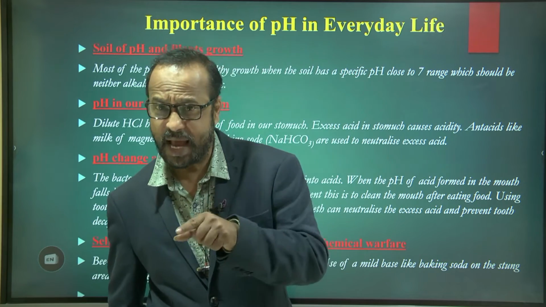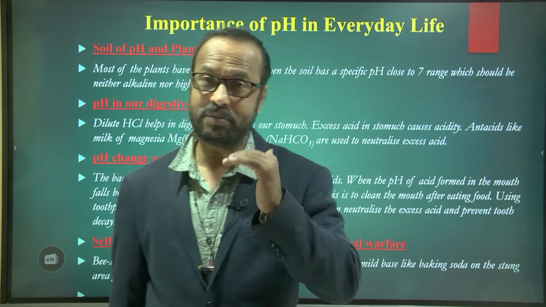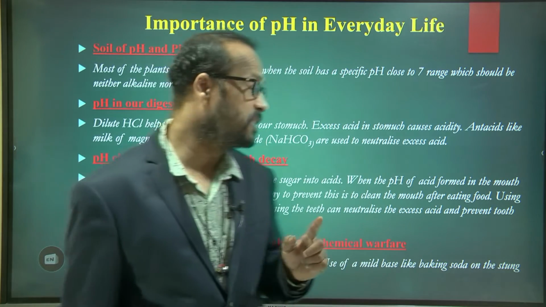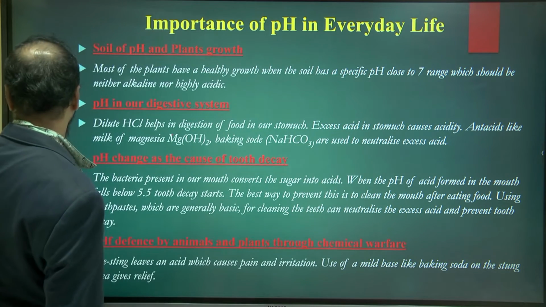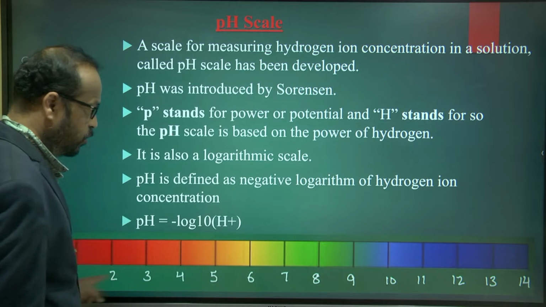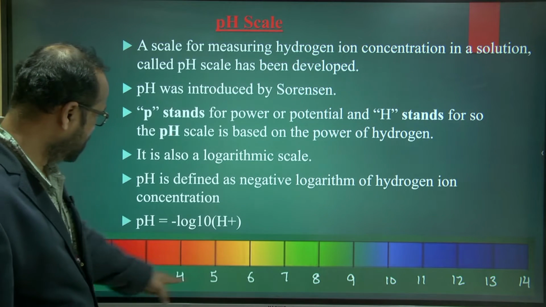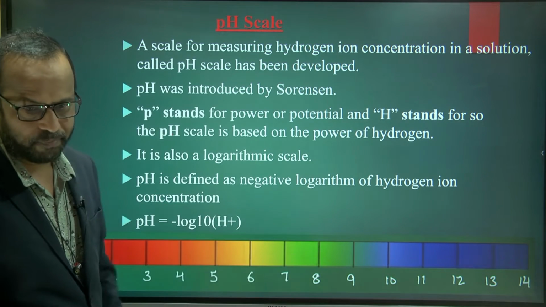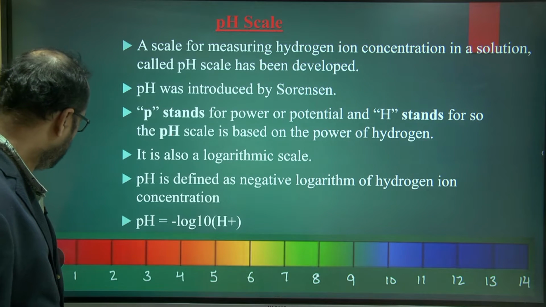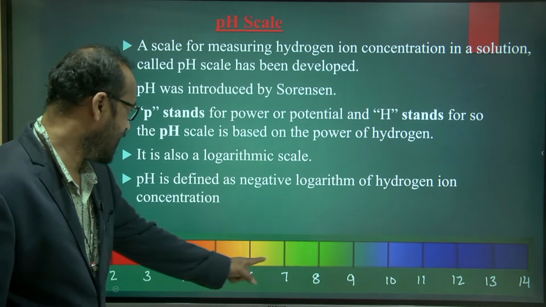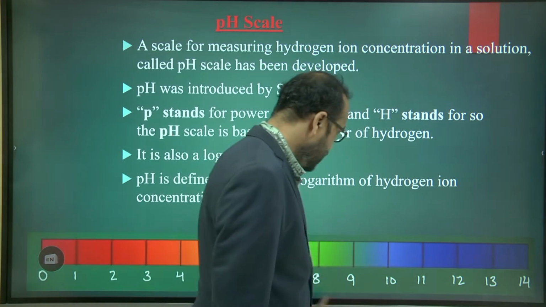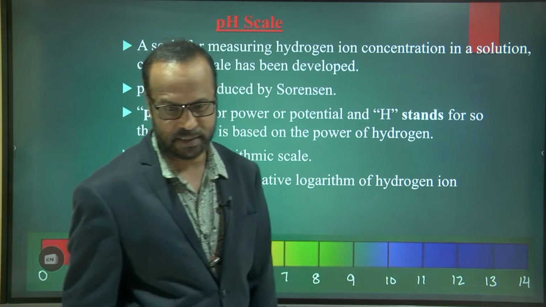When this acidic strength becomes less than 5.5, remember I said the pH value ranges from 0 to 14. Did you remember? 0 to 14, yes or no? 0 to 7 are acids, 7 is neutral, and 7 to 14 are bases.